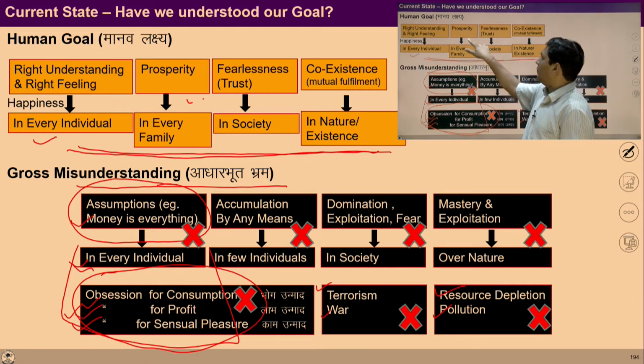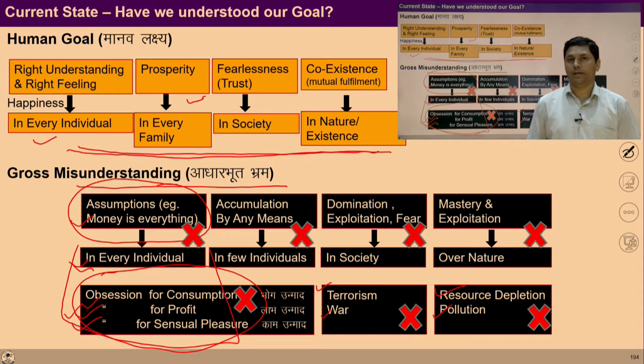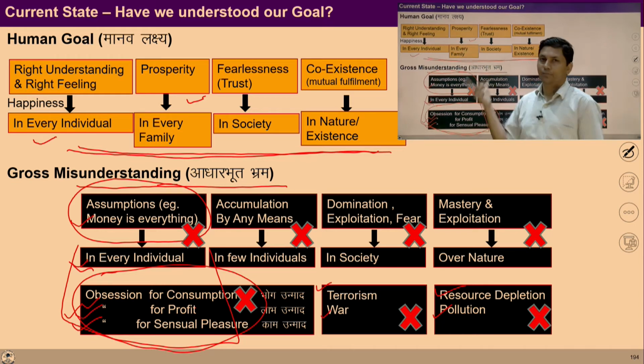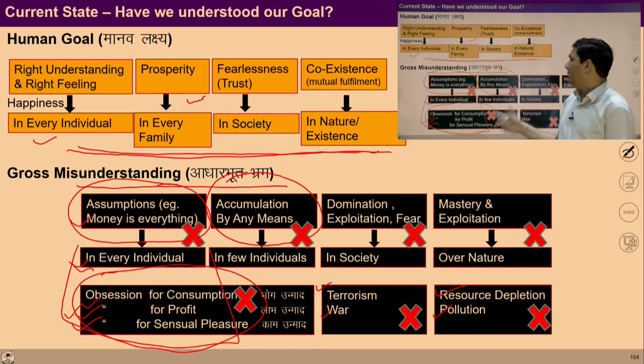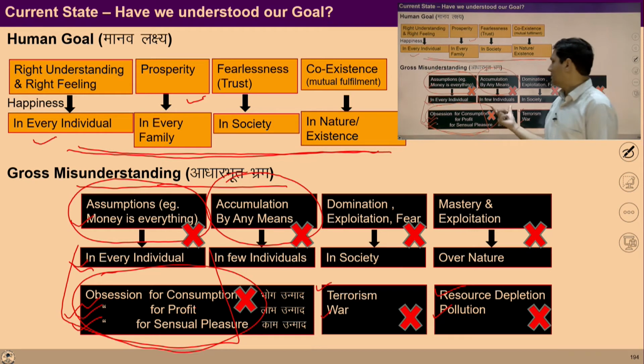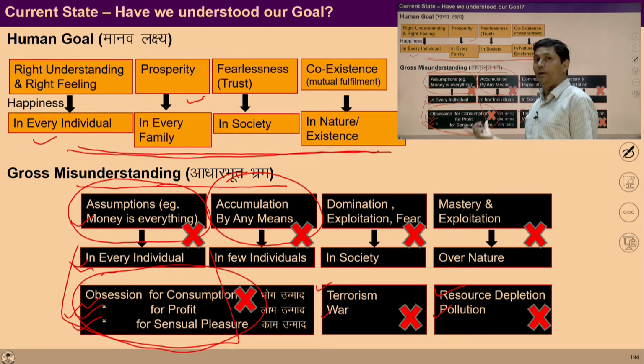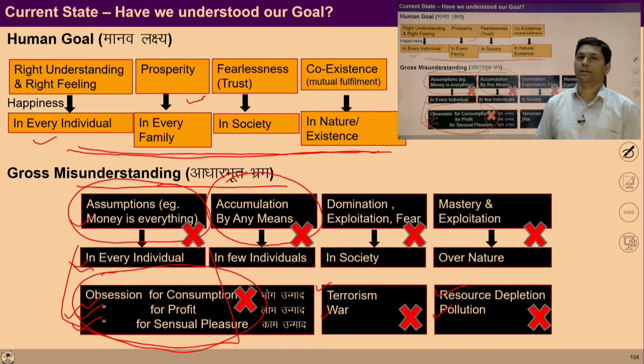Similarly, at the level of family, there is a need of prosperity, the feeling of prosperity. In the absence of fulfilling this feeling, many people are trying to accumulate more things by any means, and this accumulation of things is ultimately exploiting the nature.